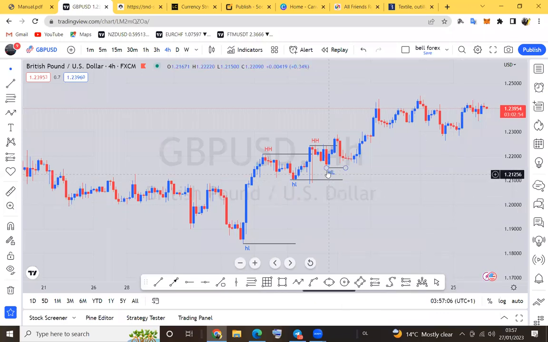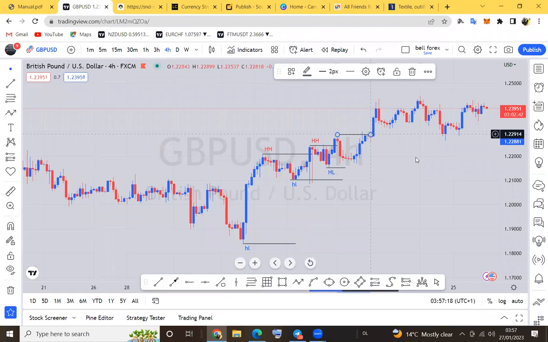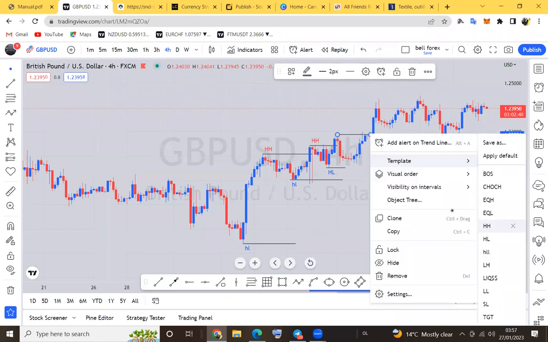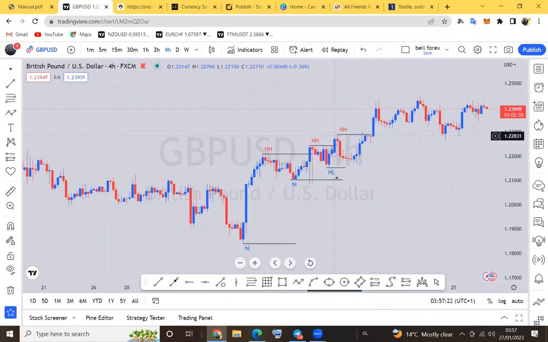Now, the highest point that this point created here on this 4 hours, on this wave here, is this point. And we had a perfect break of structure there. That forms a higher height. And the lowest point that it formed was this structure here.